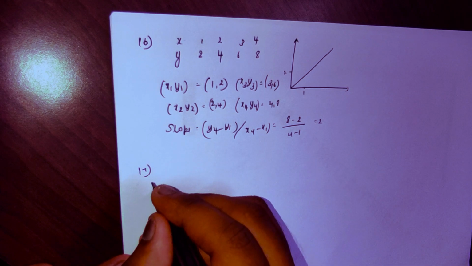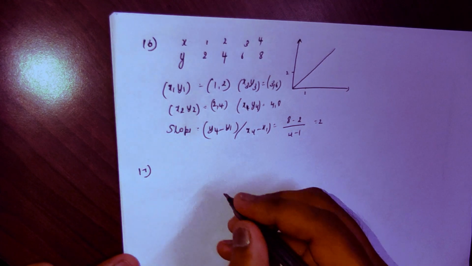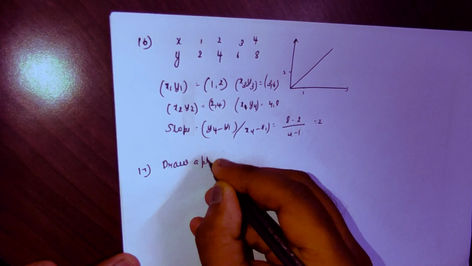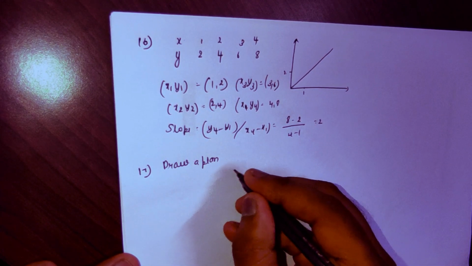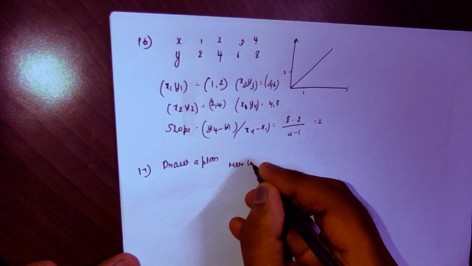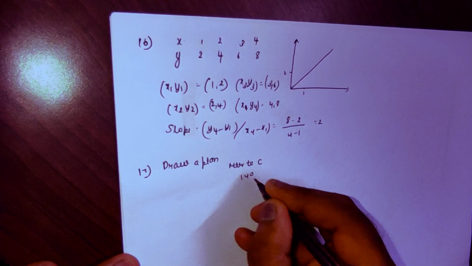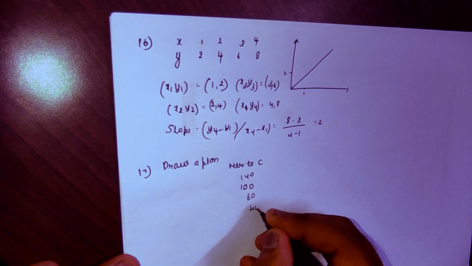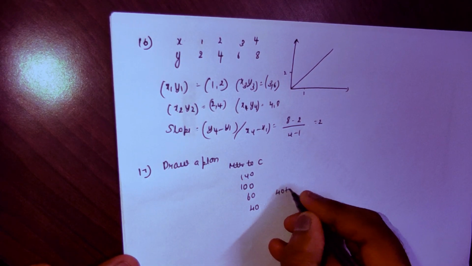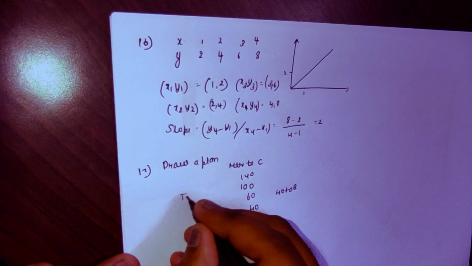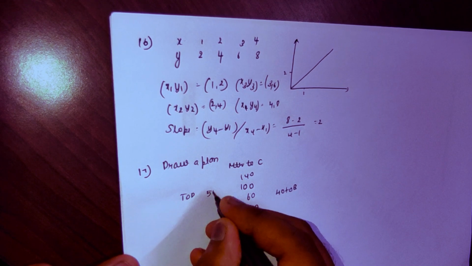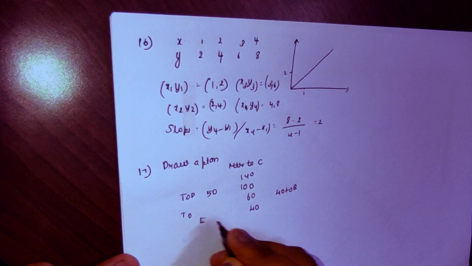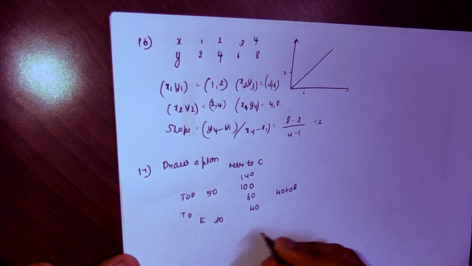17th question. They are asking to draw a plan. They have given the distances in meters to C: 140, 100, 60 and 40, and from here it is 40 to B, and to D is 50, and to E is 30.